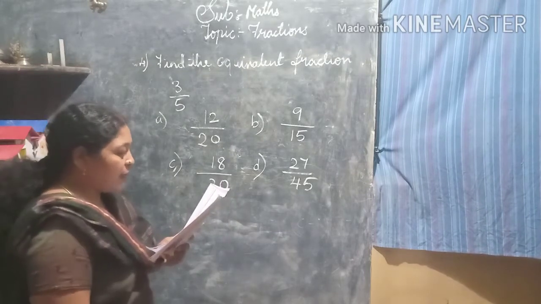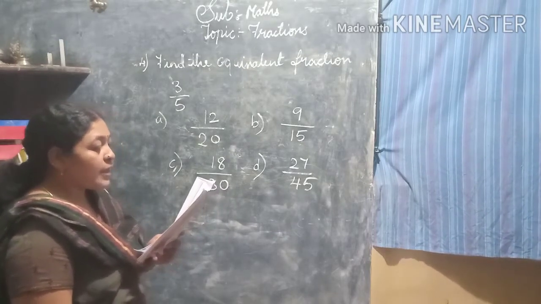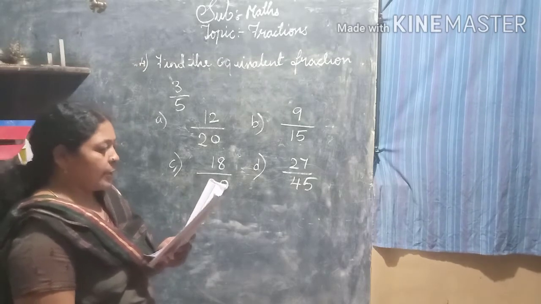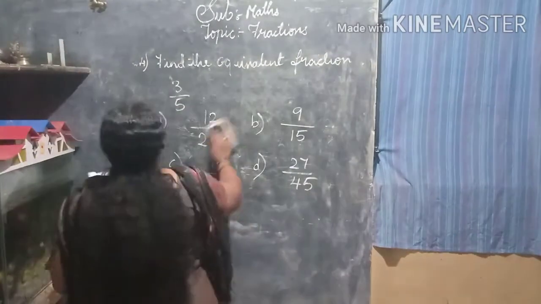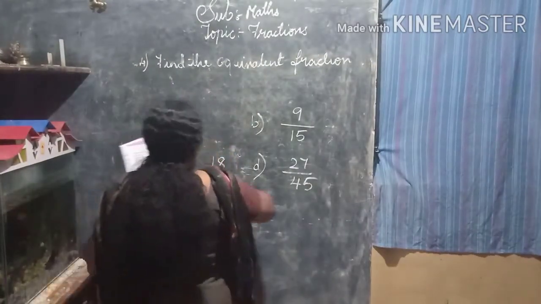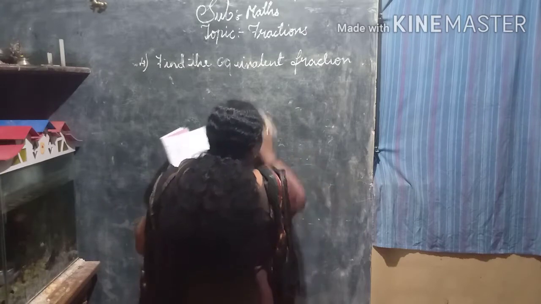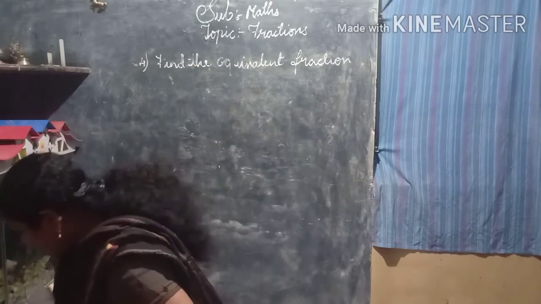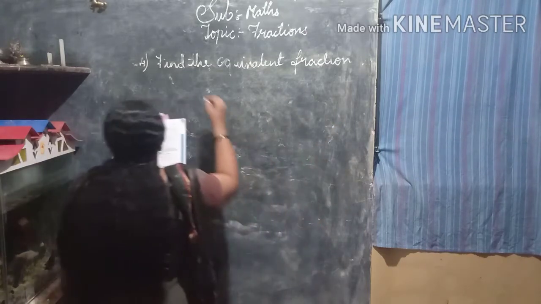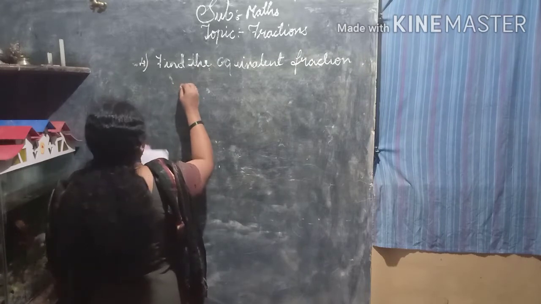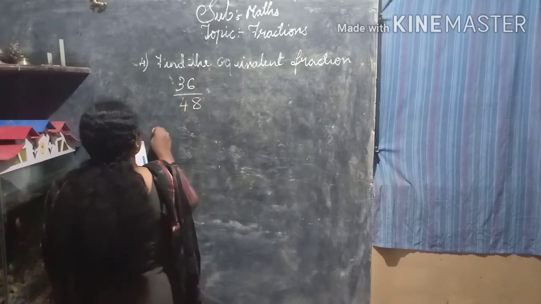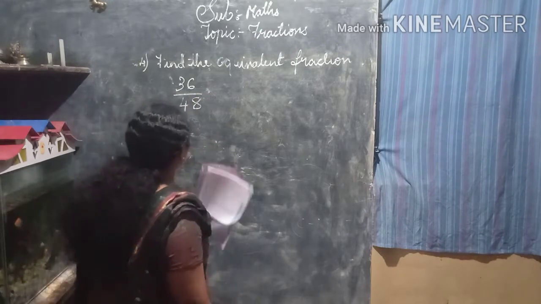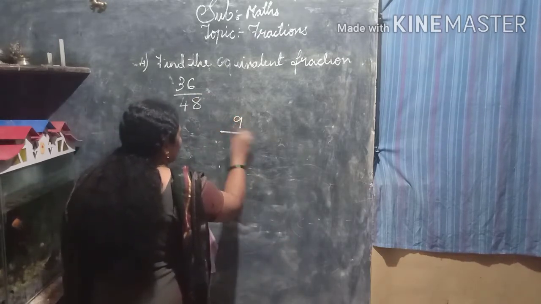Now, look at the fifth one. Find the equivalent fraction of 36 by 48. 36 by 48, if the numerator is 9. So, we are reducing the fraction. In this, you have to find if the numerator is 9.